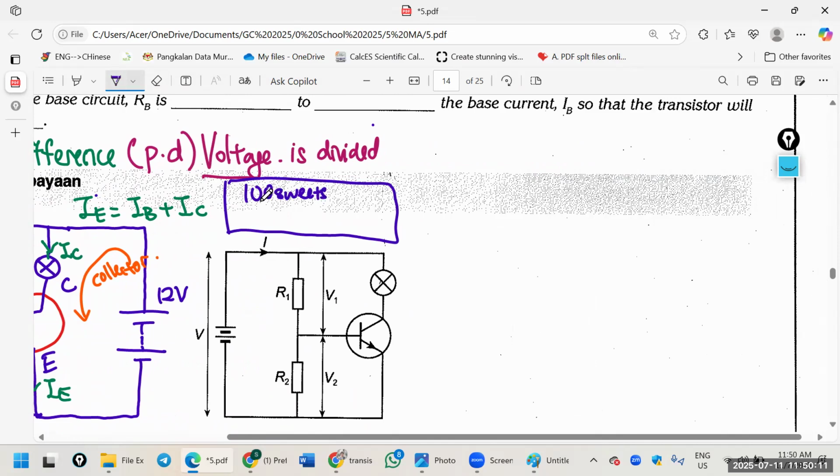Inside there are two types of sweets, sweets A and sweets B. The portion would be 7:3. May I know how many sweets B has?